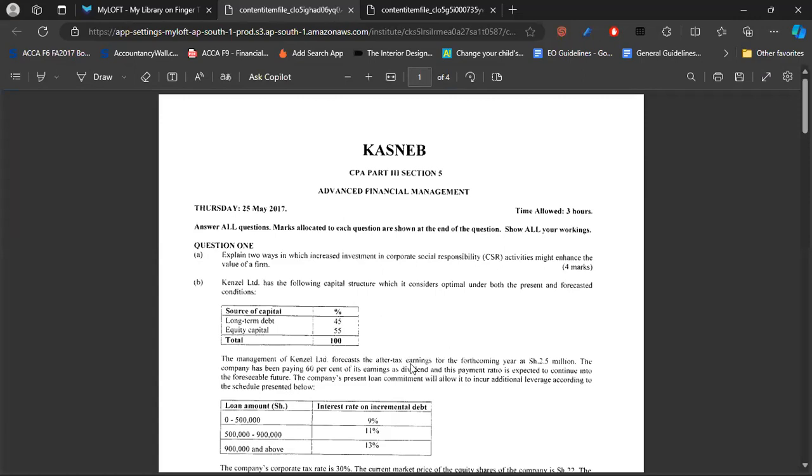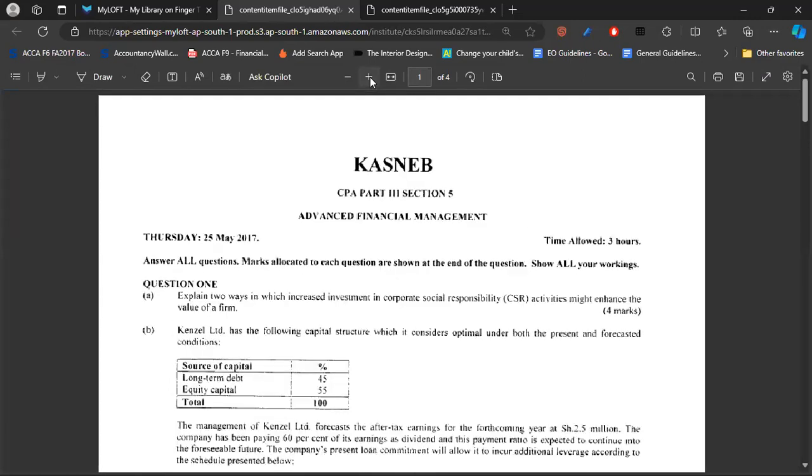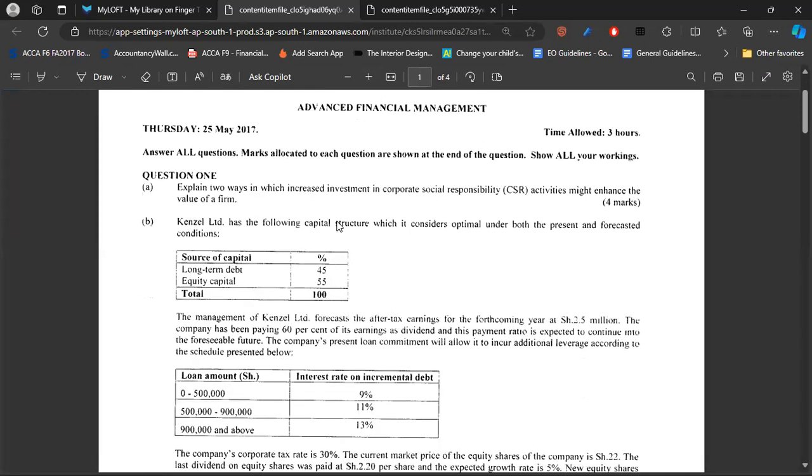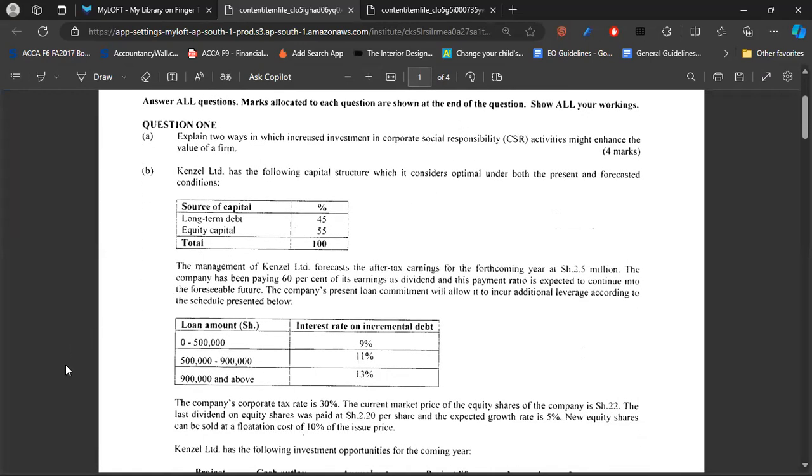Right. Someone will be able to read our question. Question number 1B regarding Kenzel. Kindly, Fanis.